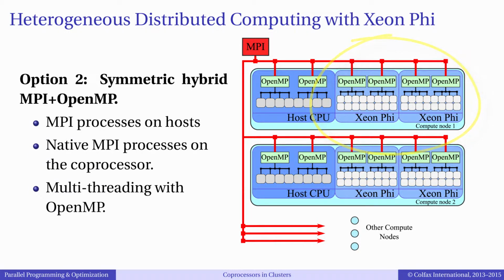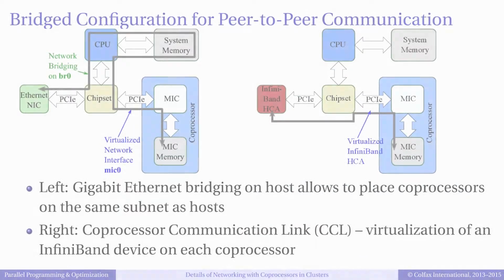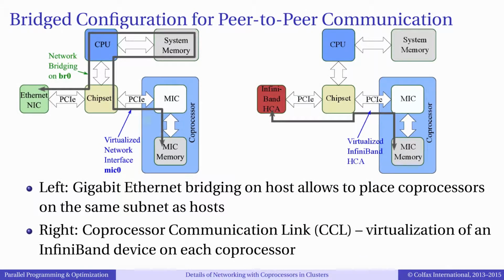In this case, it is possible to perform peer-to-peer and collective communication between coprocessors in different machines, and it is important to understand the consequences of such usage model. When Xeon Phi coprocessors communicate with each other, they access the network through the PCI Express interconnects. This is the only connector on Xeon Phi cards, and there are no Ethernet or InfiniBand ports on Xeon Phi coprocessors.